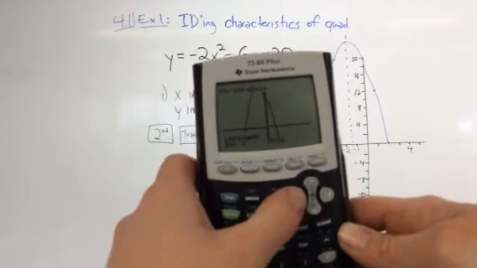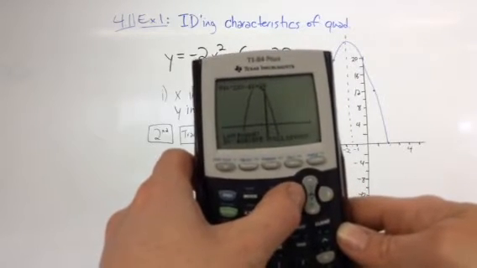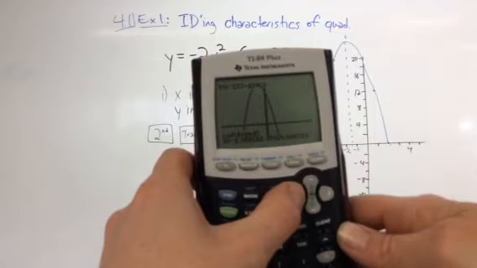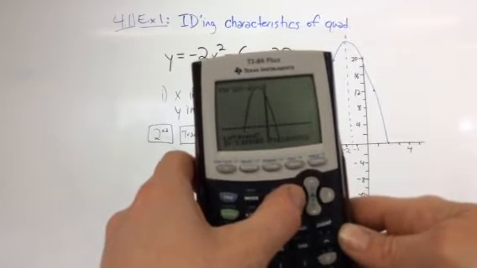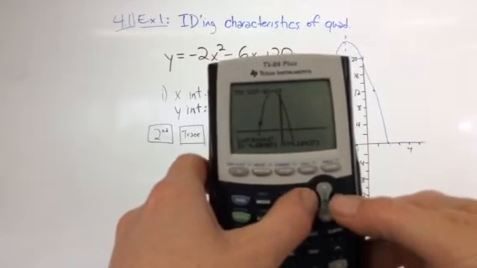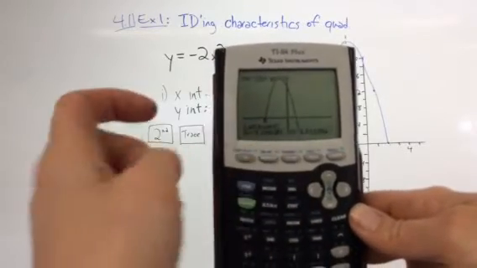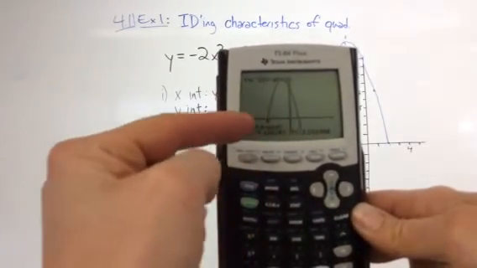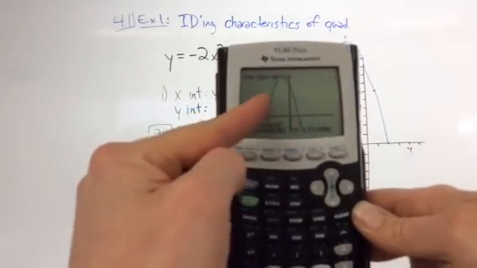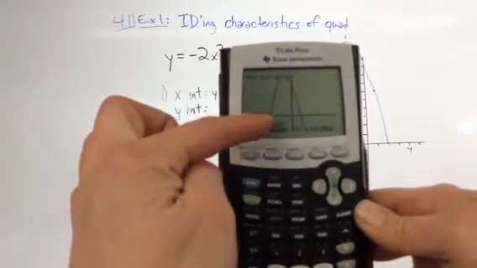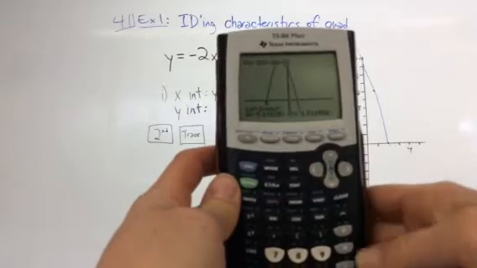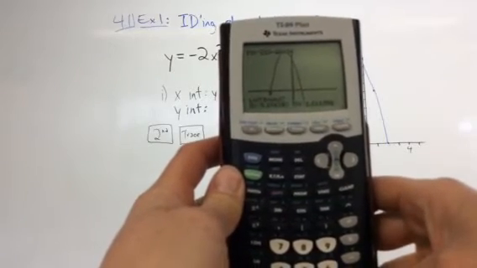And it gives me a little cursor that I can move back and forth. I can't move it up and down. I can only use these buttons to move it. So it says left bound here at the bottom. Left bound means going that way, and I want to be going that way up this line. So I'm going to bring it down below the line, and then I hit enter.